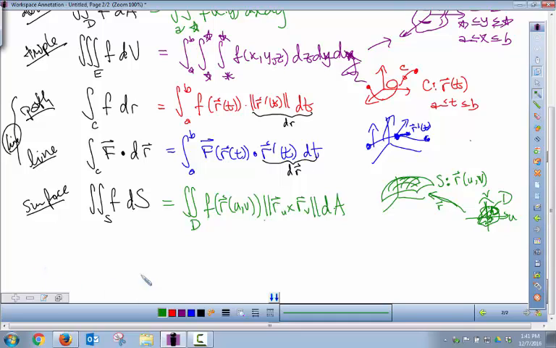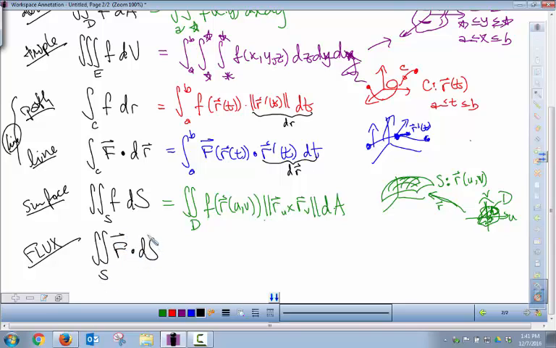And then our last one is the flux. Now this one has two looks, two forms.